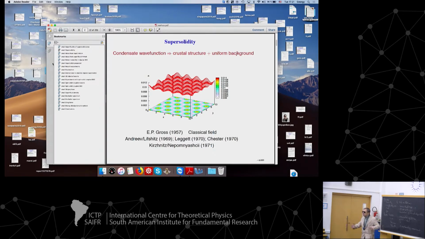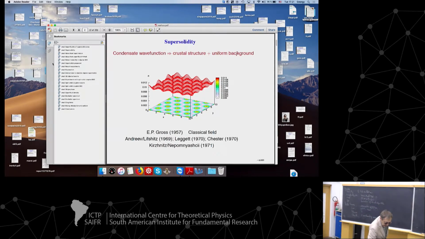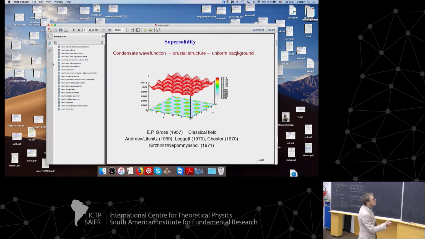You have free space, no external forces, no nothing. And surprisingly, in this free space, the condensate forms this type of structure. And if I look in the work of Gross and then in the work of these people mentioned here, this is all due to the interaction between particles.